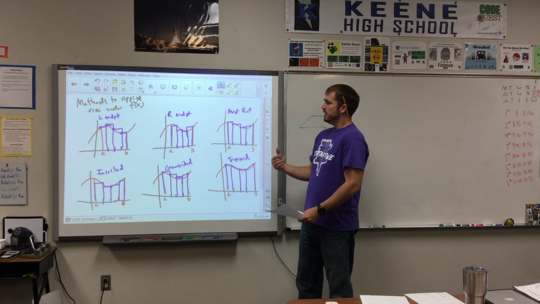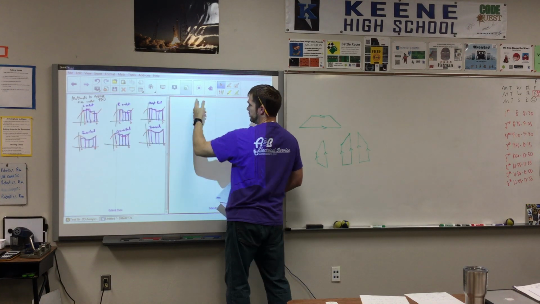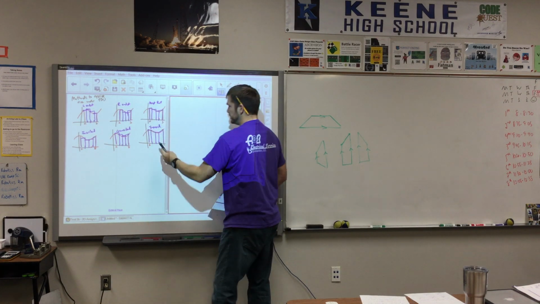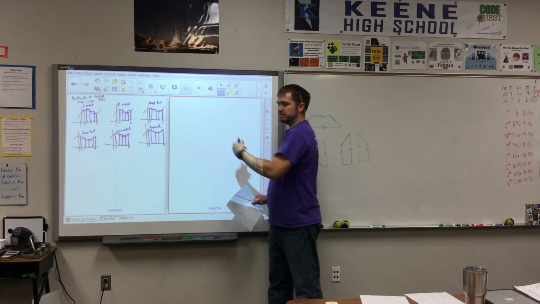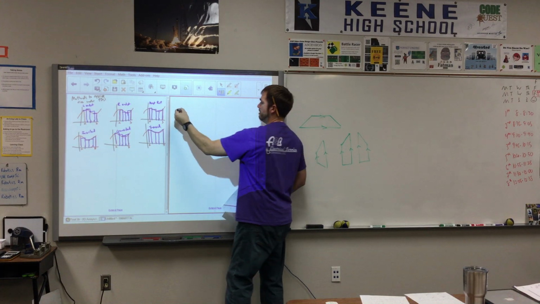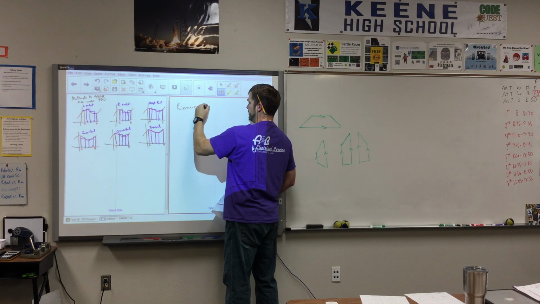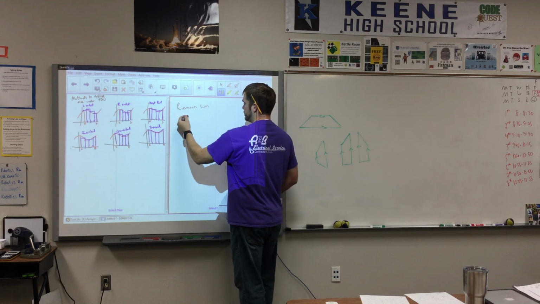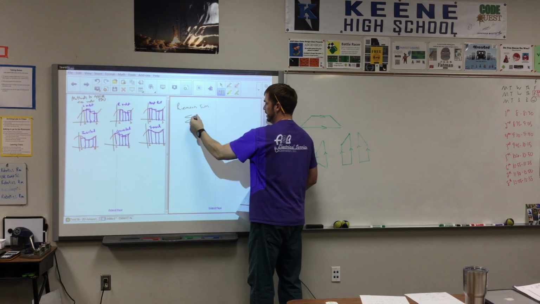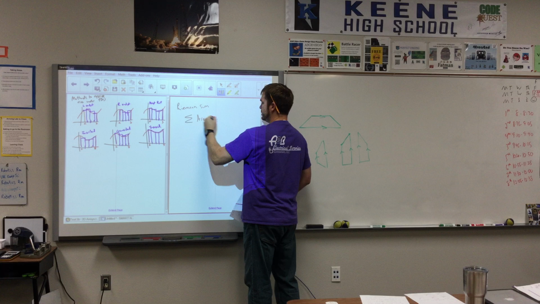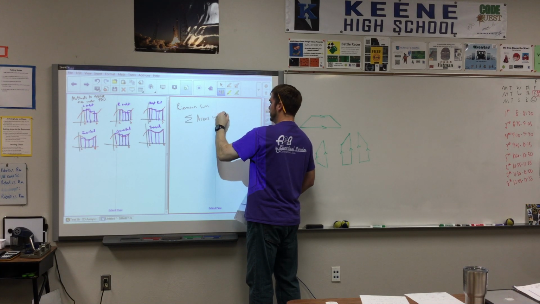But there was a guy who came up with a special name for adding up those areas, okay? And that term is called a Riemann sum. It's the summation of those areas under the curve.